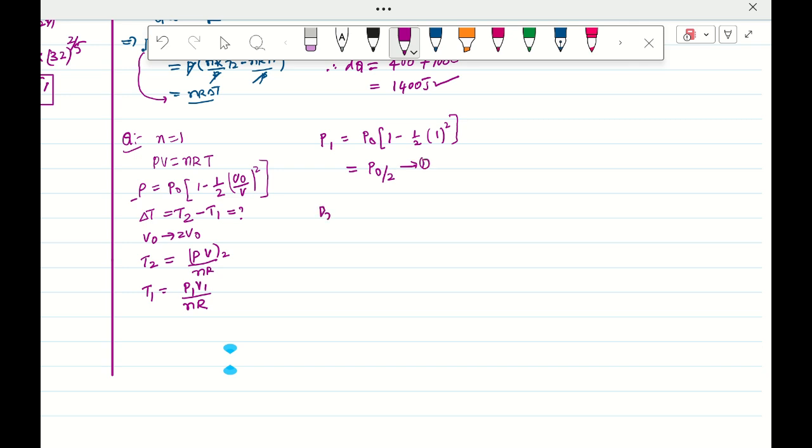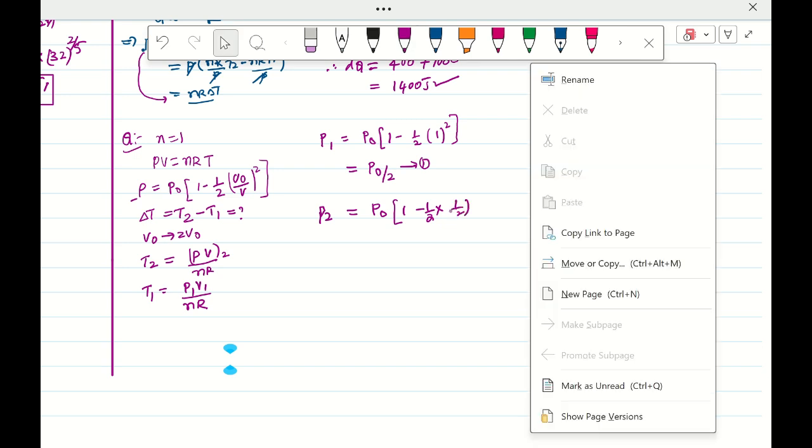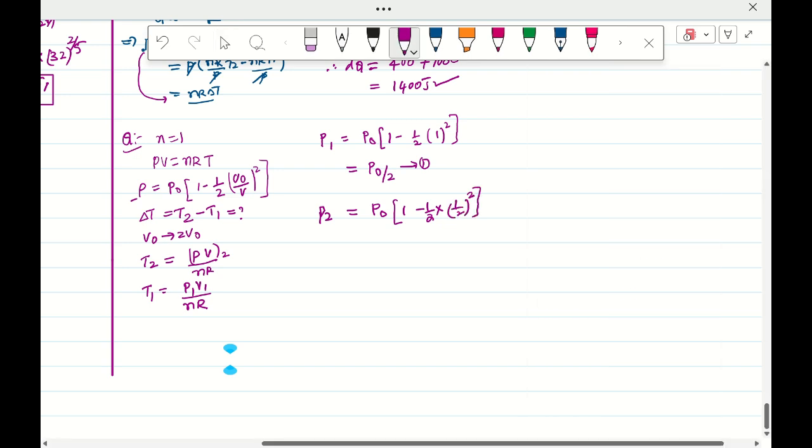Similarly, P2 is P naught into 1 minus 1 by 2 into (V equal to 2V naught substituted) 1 by 2 whole square. So that is P naught into 1 minus 1 by 8, which is 7 by 8, so P2 is 7P naught by 8.